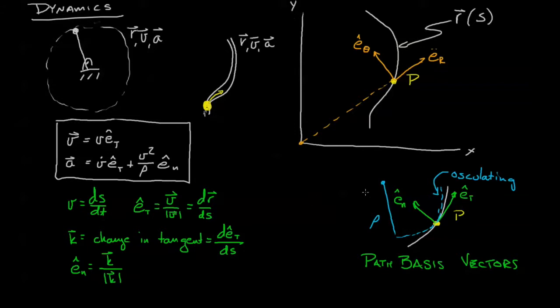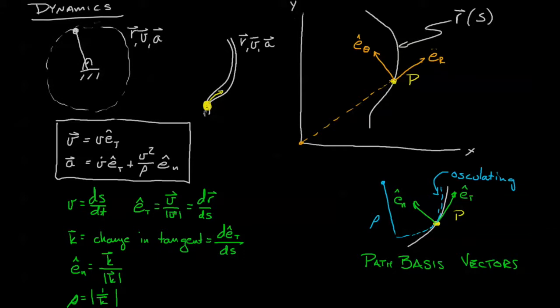Now you can see there's a good correlation between the change in the tangent and the radius, the oscillating radius. That brings another definition, rho equals 1 over k. And because the radius is always positive, there we have a magnitude.